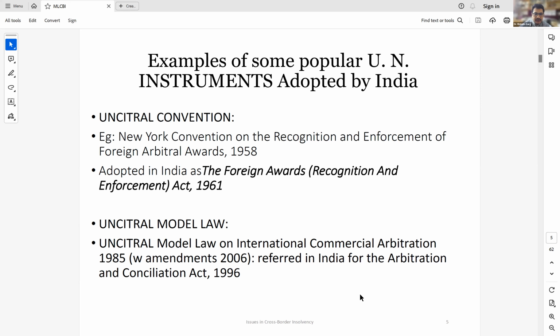Then another model is the model law, and the best example is the UNCITRAL Model Law on International Commercial Arbitration of 1985, which was referred to in India to draft the Arbitration and Conciliation Act of 1996. The Arbitration Act of 1996 was enacted in India, and reference was made to the Model Law on International Commercial Arbitration of 1985.